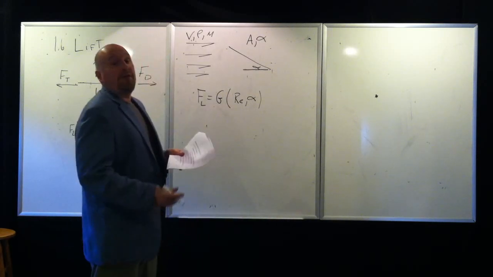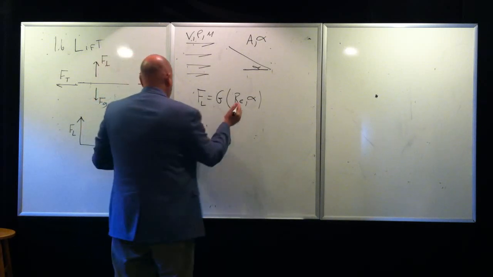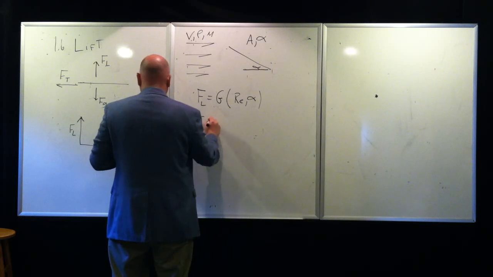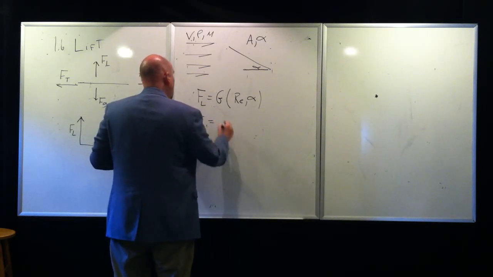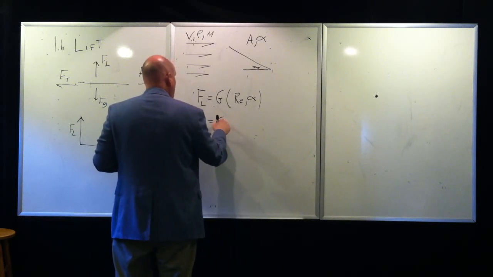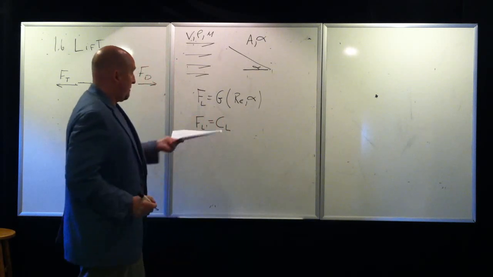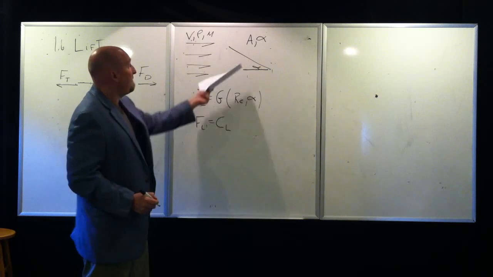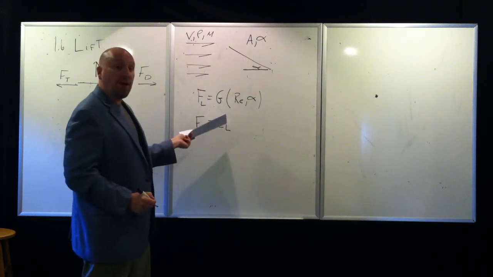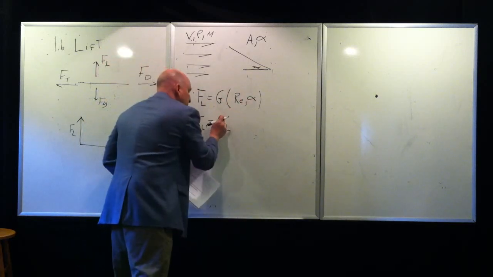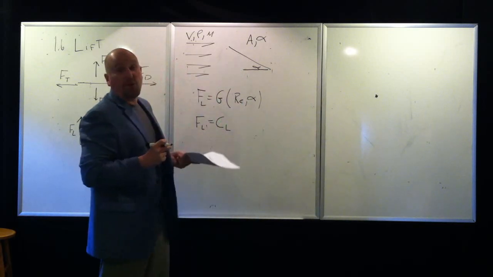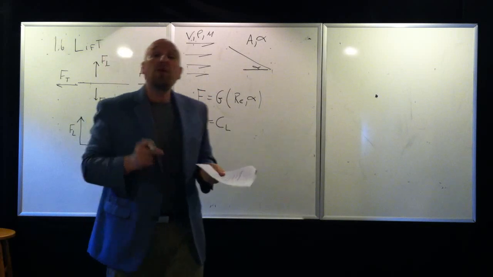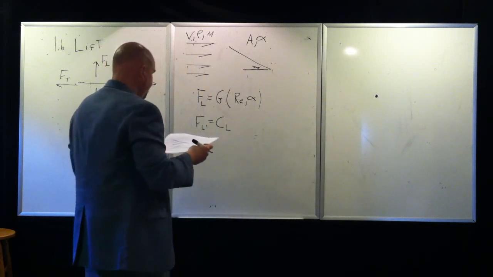What I'm going to do is give you what that formula is. So we're going to have the force of lift equals the coefficient of lift. That's going to be an important parameter. I'm going to give you a theoretical calculation for a flat plate, but when you perform experiments, all of this information is buried in there because the area and the profile, the shape of your wing, can change.